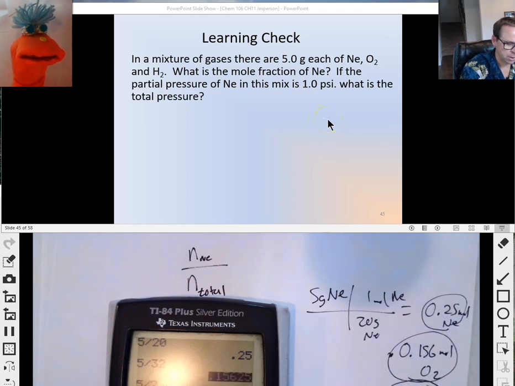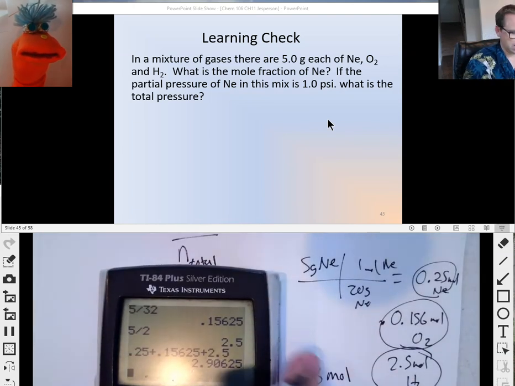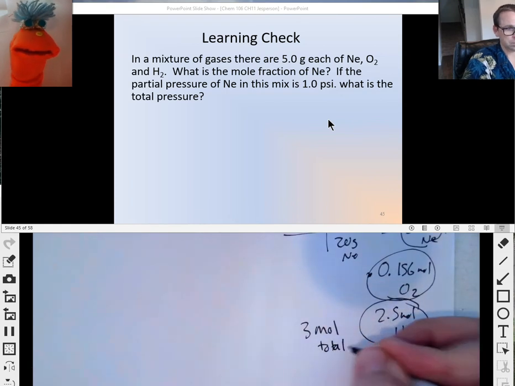All right? So I'm going to take my 0.25 and add them together. 3 moles of gas total.